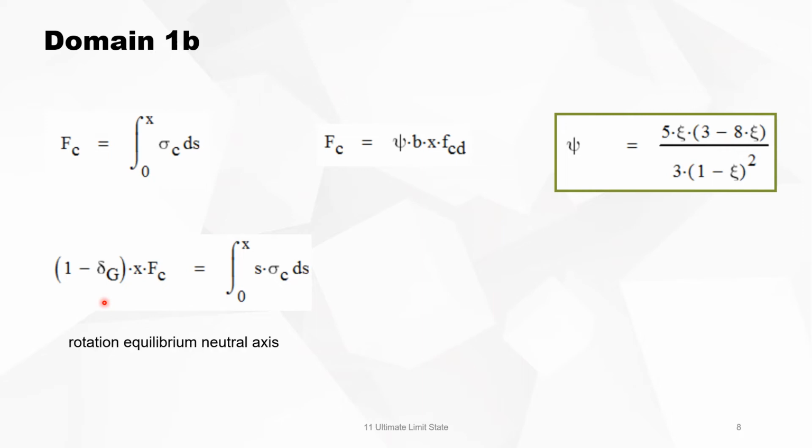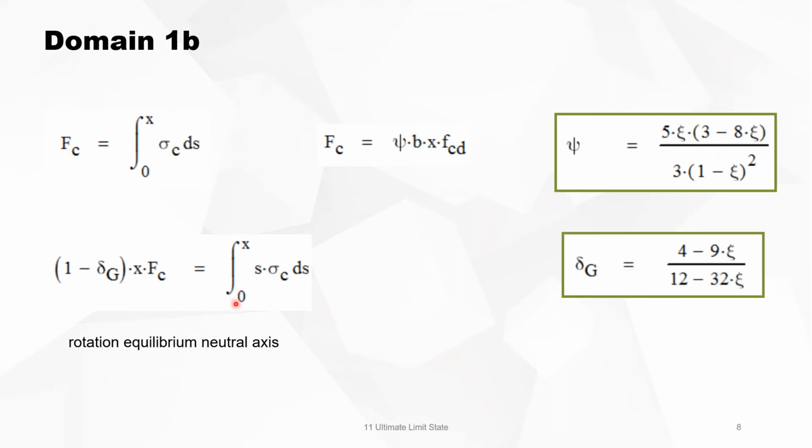We take the rotation equilibrium according to the neutral axis, and it is the same. This bending moment equals the integral of s sigma c ds from 0 to x. If we work this out, we find that delta G is also a function of the position of the neutral axis.